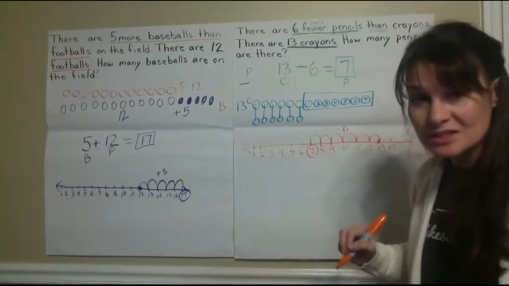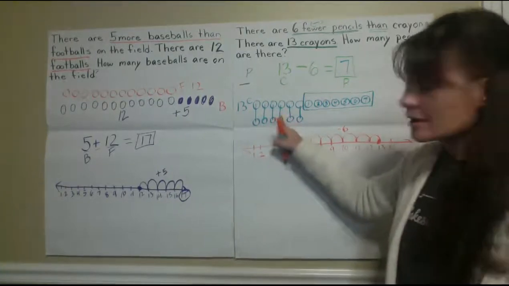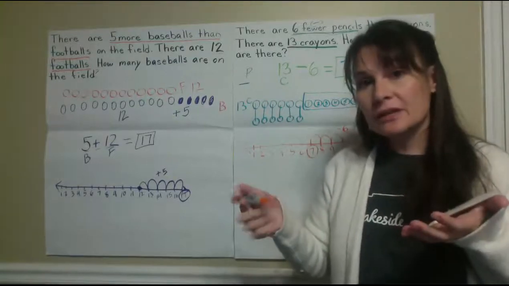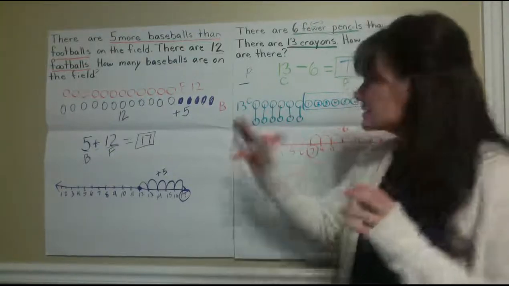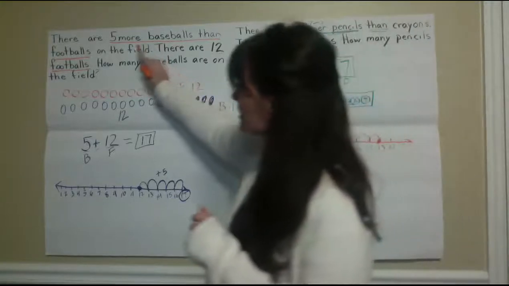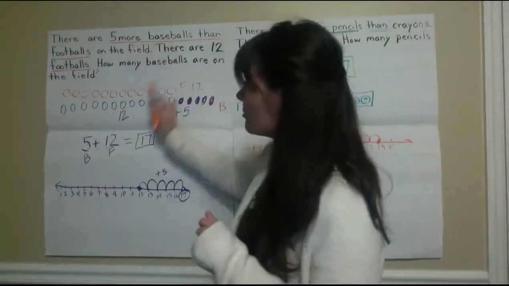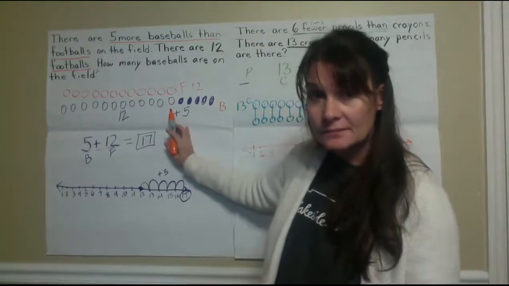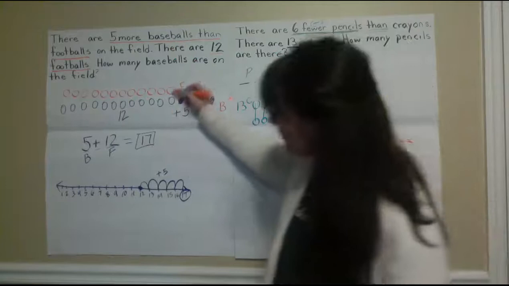Great job, mathematicians. When we compare, we think about the difference. We're not necessarily adding together. Sometimes it says that there are so many more than another number. That way we have to add to figure out the difference. But I still compared.